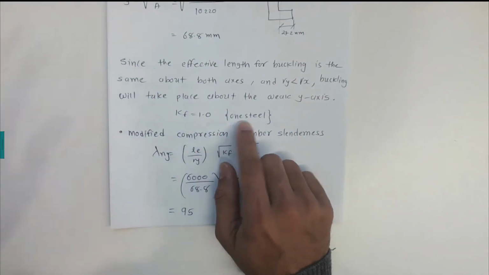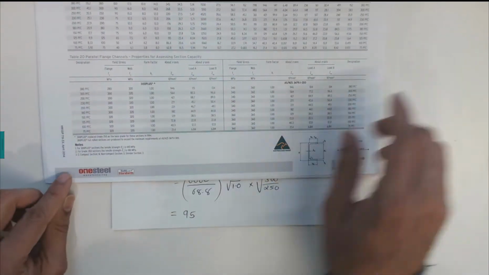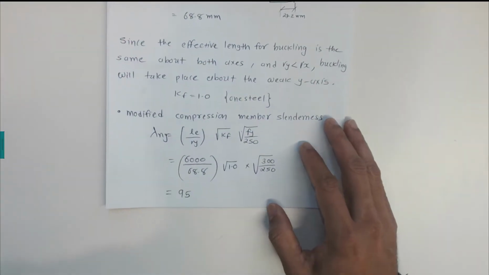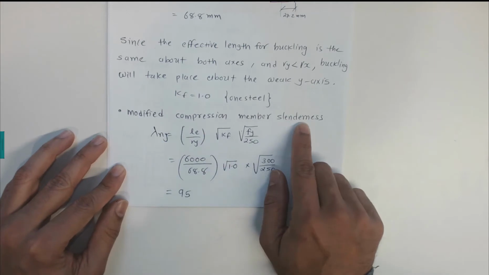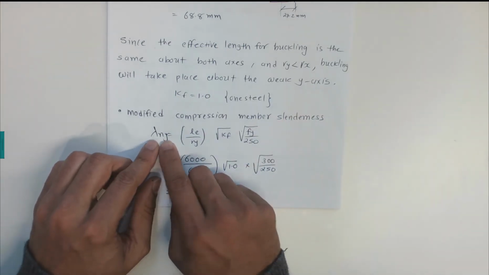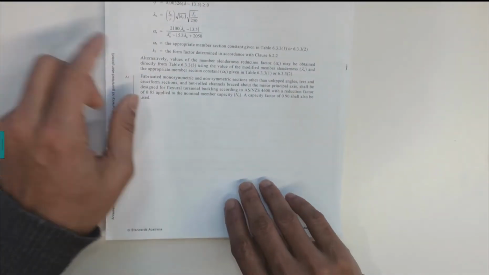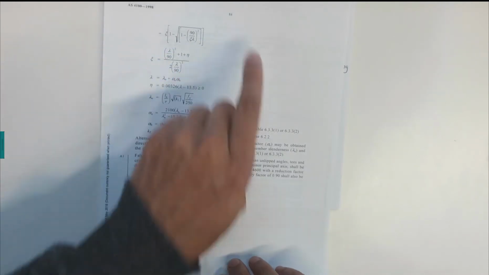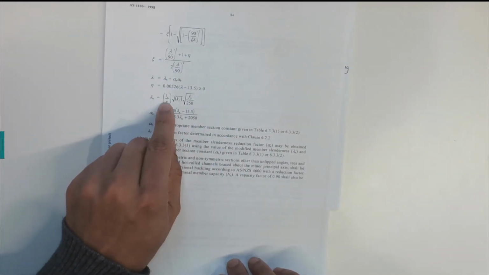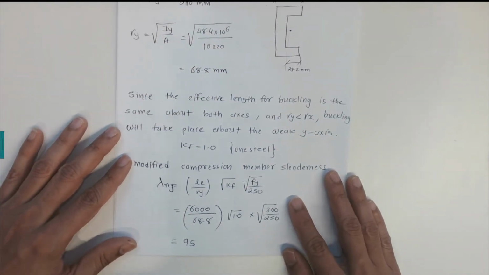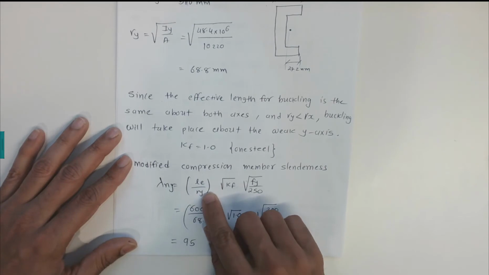kf is 1, that is taken from the OneSteel tables. On the same page number 19, for 300 PFC, the form factor kf is taken as 1. Now the modified compression member slenderness, lambda ny. As the y-axis is the weak axis, we need to find lambda ny. That lambda ny equation is taken from page number 84 of AS4100, where we have these big equations. In that equation we have lambda n, Le over ry.